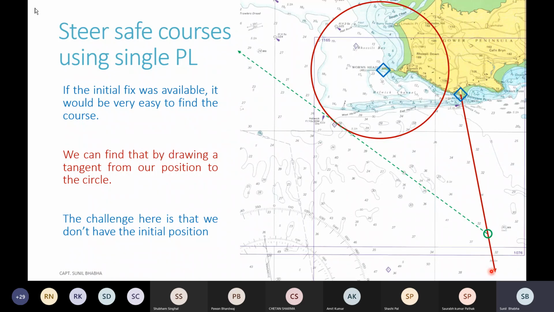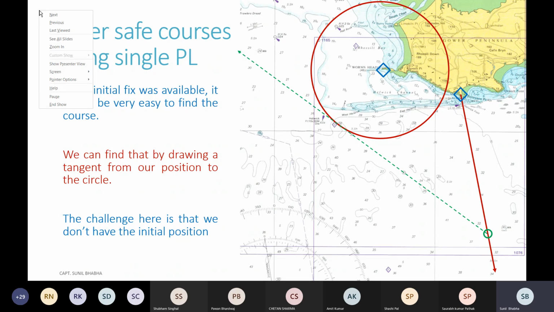And if our position was somewhere here, the course would be different. So let us see now, how do we obtain the safe courses when we do not have our initial position? How is it possible to find a course or courses which can help us maintain the safe distance irrespective of knowing our initial position?